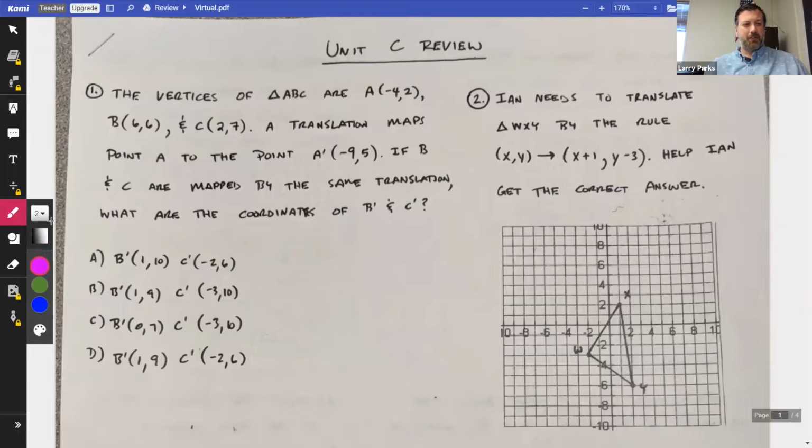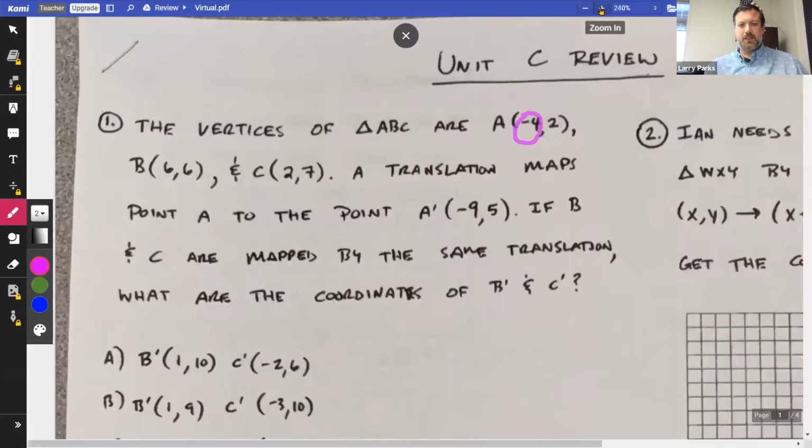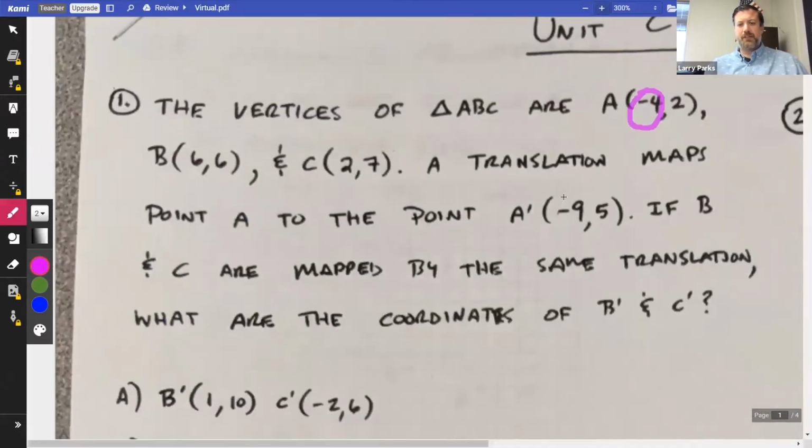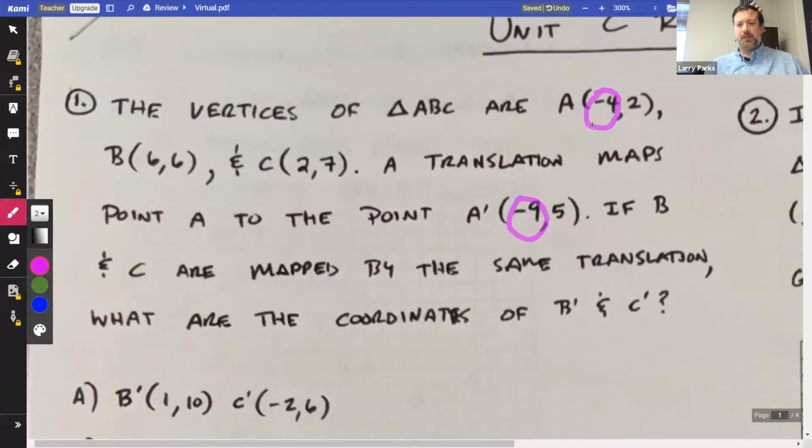So from -4 to -9, what happened? Well, looking at that, looks like you just go -5. And then what happened from 2 to 5? Looks like +3.